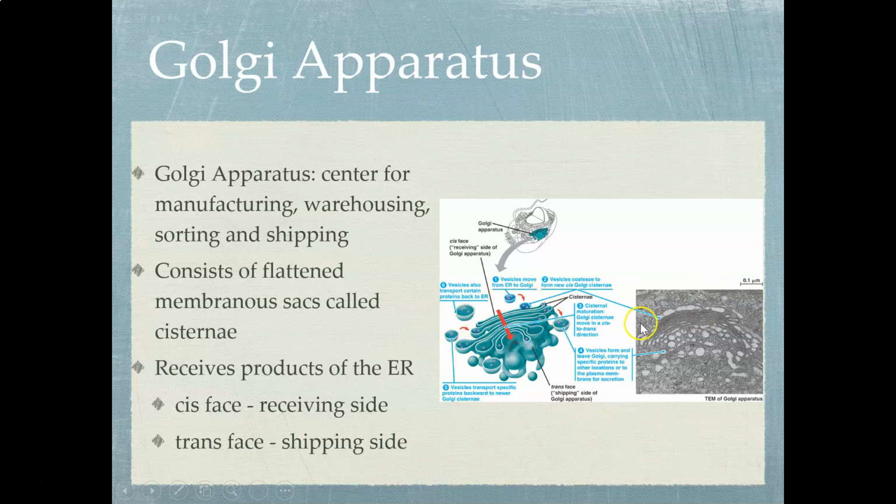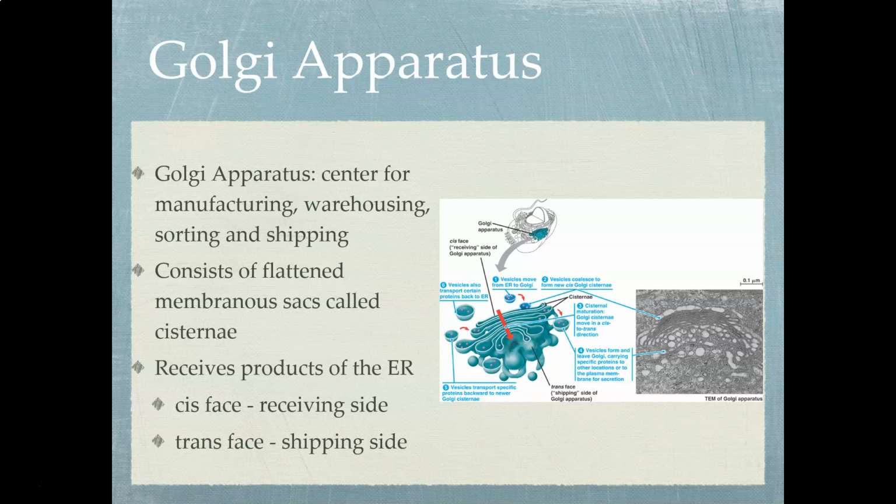It often looks sort of C-shaped because it does have a cis side or a receiving side and a trans side where it will also produce its own vesicles. And the proteins, when they get dropped off here on that receiving side, will end up in these cisternae, these folds, and a handful of things can happen within the Golgi.